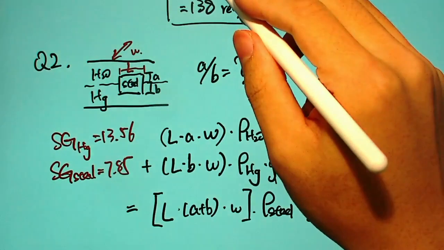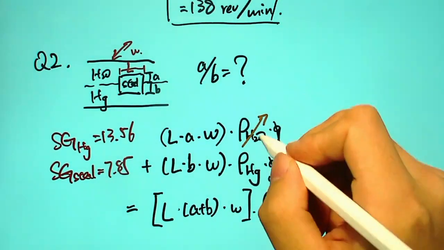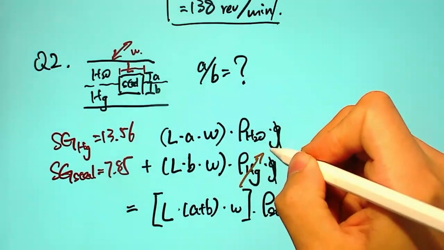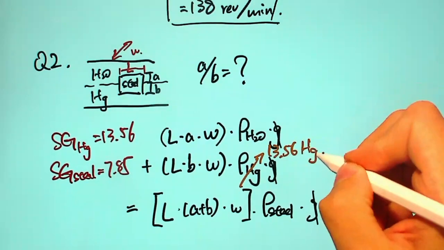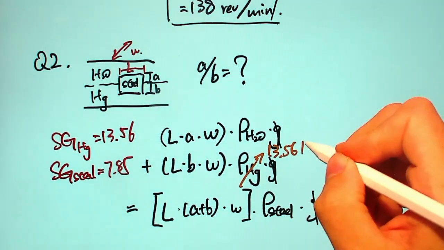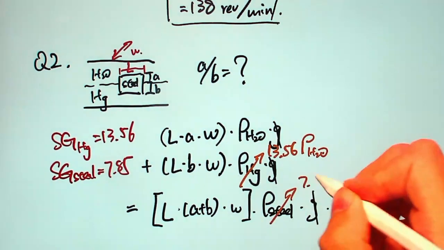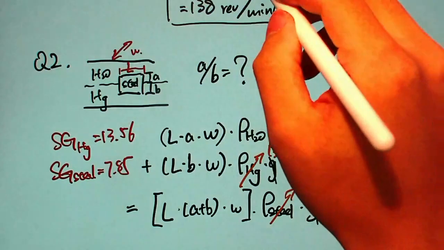So then we know that this one should be 13.56 times density of water, and this one should be 7.85 density of water.